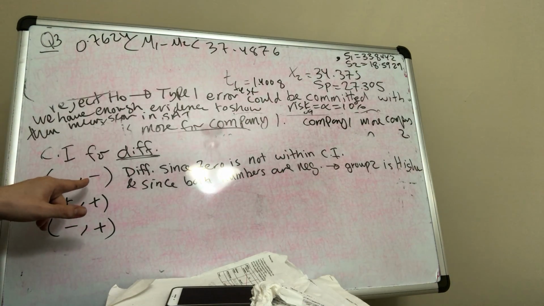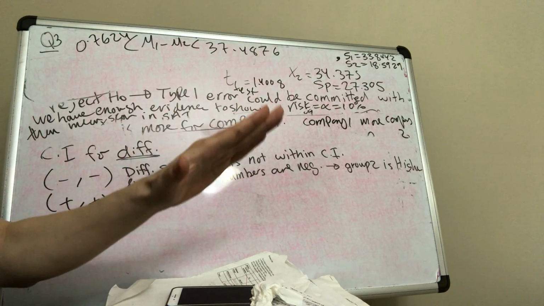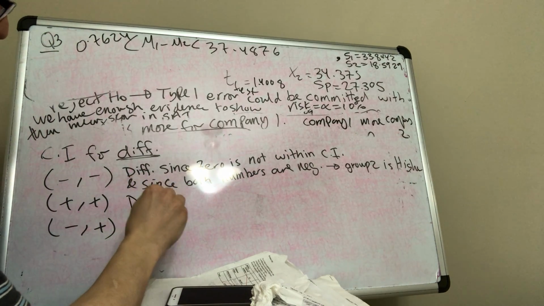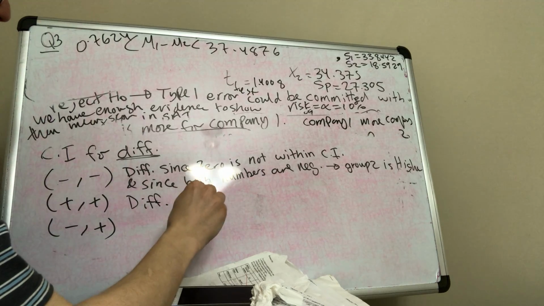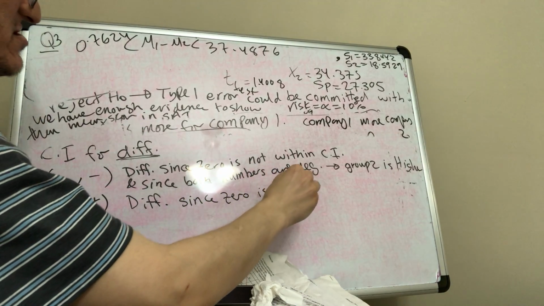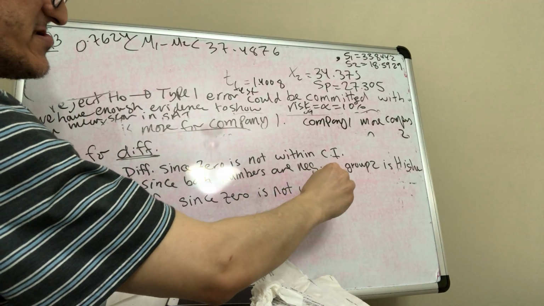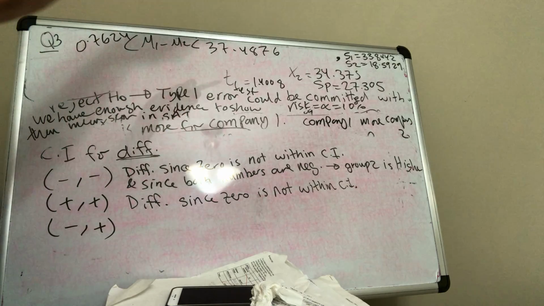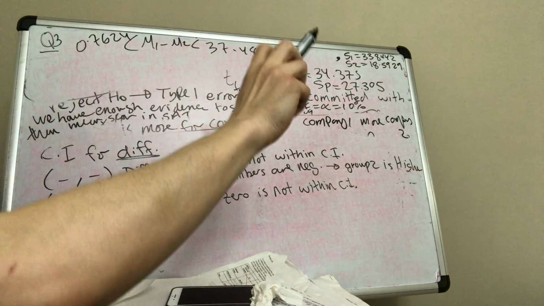When the difference is negative, the second number is higher. Anytime you have two positive numbers, you don't go through the 0, so they must be different.